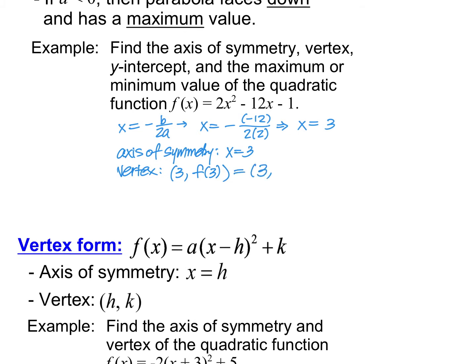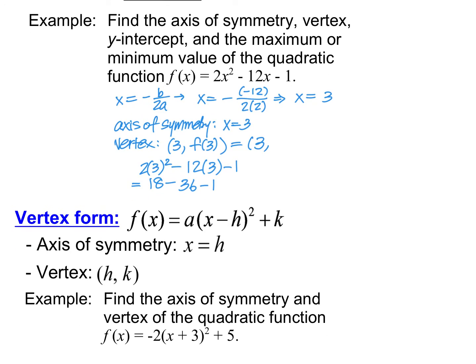So 3 comma, so then you plug in 3. So 2 times 3² minus 12 times 3 minus 1 is equal to 18 minus 36 minus 1. And when you calculate that, it'll be negative 19.